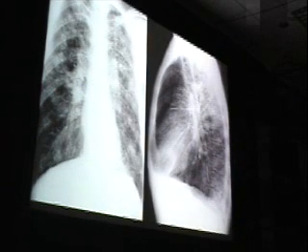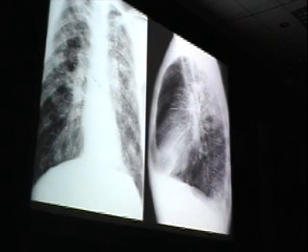Okay, here's again a case of diffuse interstitial lung disease, reticular nodular pattern throughout the lungs. On the lateral, you can see these huge lung volumes and some prominence of the central hilar areas, reflecting both adenopathy and pulmonary arterial hypertension. But interstitial lung disease, large lung volumes, this turns out to be cystic fibrosis.